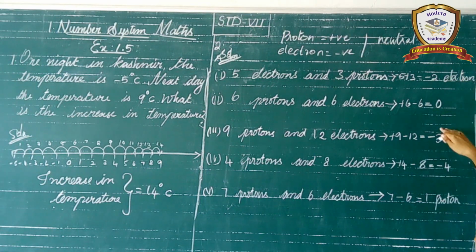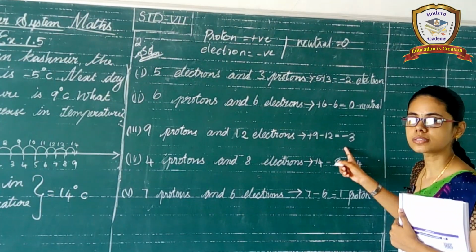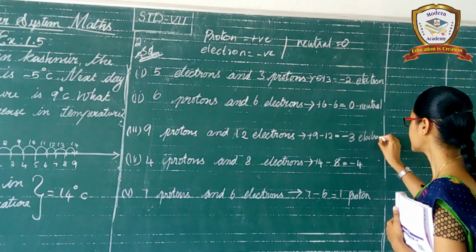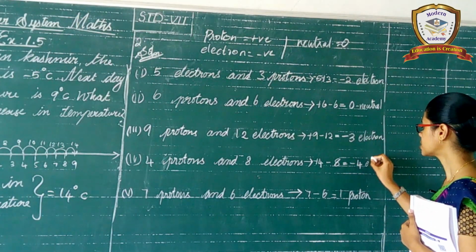Here 0 is neutral, so no need to write anything here. Here minus 3, because this is a neutral charge. Isn't it? So this one is neutral, and this one minus means electrons. So minus 3 electrons. So you want to mention electron here. Here also mention electron.